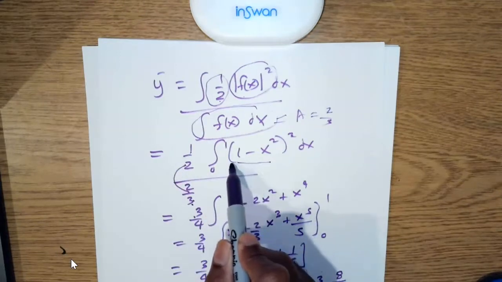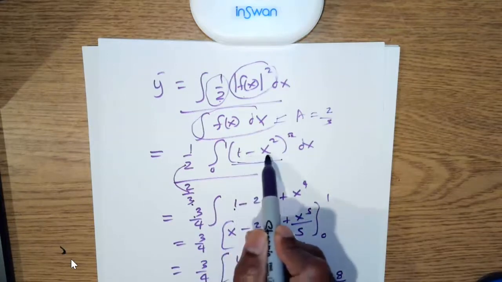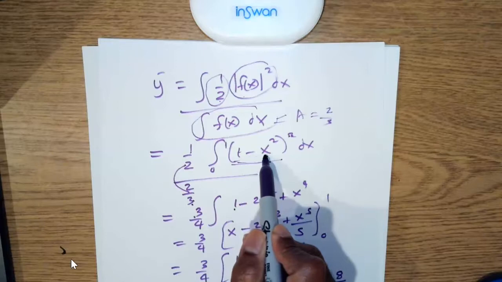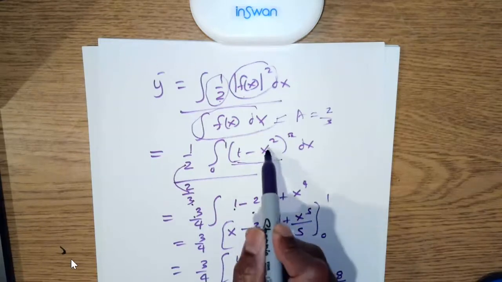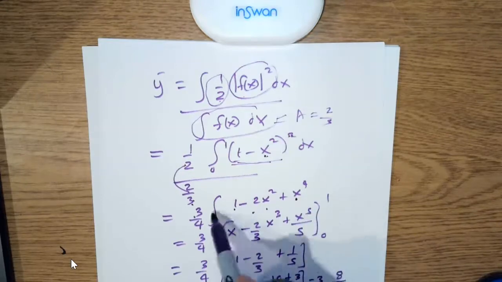And then when you distribute this, it's a square. So it's the square of the first one, 1, minus twice the product of the middle term, so minus 2x squared, and then the square of the second piece, which is x to the 4, and you still need to integrate that.